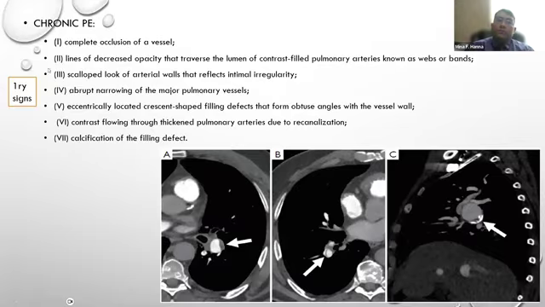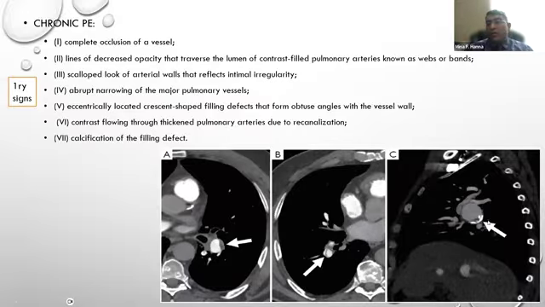Chronic PE signs: you will find primary signs and secondary signs. Primary signs: complete occlusion of a vessel, complete obstruction; lines of decreased opacity that can cause vascular webs, as you see here; a scalloped look of the vascular wall; thickening of the vessel wall with a contracted thrombus; and abrupt narrowing, so you find the vessel going and then suddenly becoming very small, and you don't even see contrast going distal to it. Contrast flows through thickened pulmonary arteries.